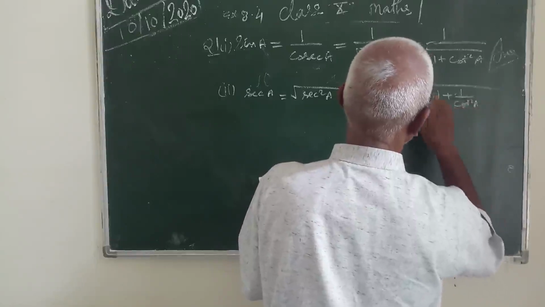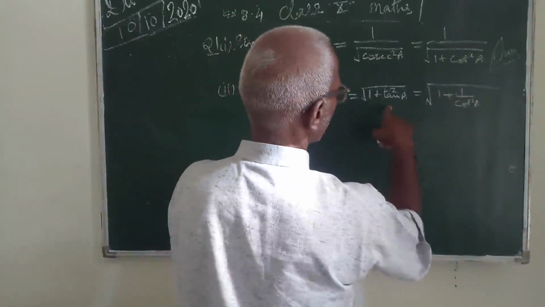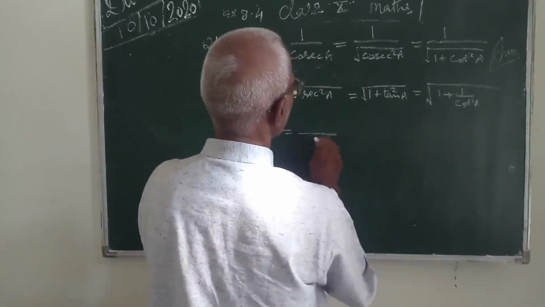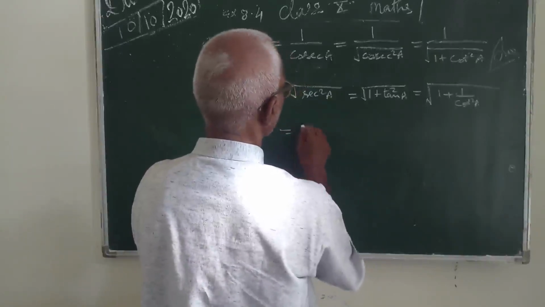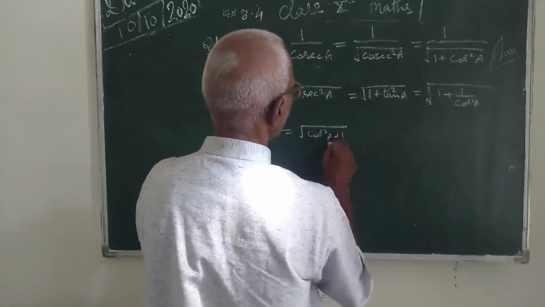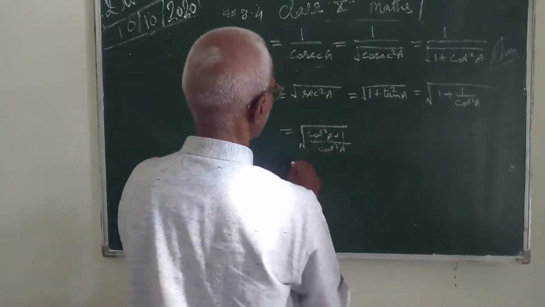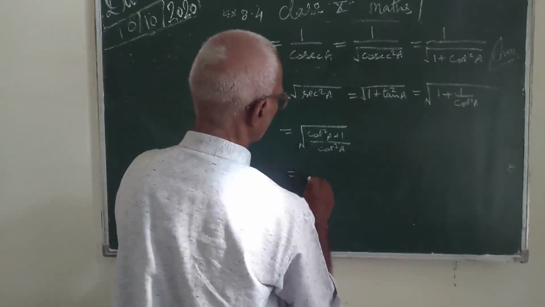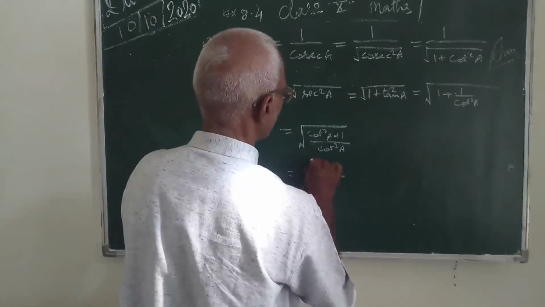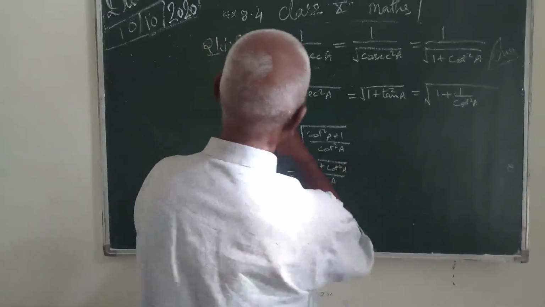Take LCM here. Then take out the root. Here will be cot square A plus 1 upon cot square A. The root of cot square A becomes cot A in the denominator, and the numerator becomes 1 plus cot square A. In this way, sec A is represented.